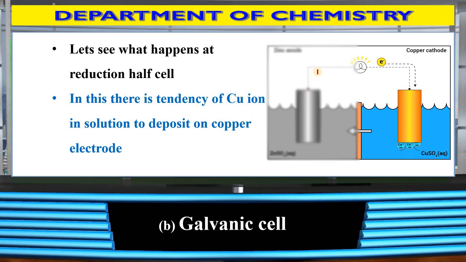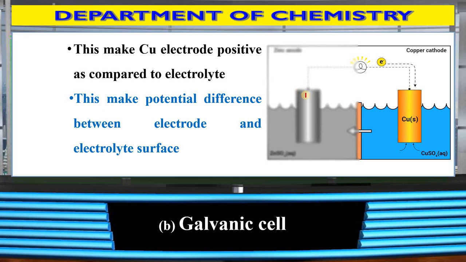By accepting the electrons from anode to cathode, that electrode carries negative charge, and due to that negative charge, Cu2+ ions go towards the metallic rod, and this makes the copper electrode positive as compared to the electrolytic solution, because Cu2+ ions move towards the cathode and the remaining part of the solution is SO4 2- ions. Therefore, the electrolytic solution carries negative charge and the electrode carries positive charge, and this creates the potential difference between that electrode and electrolytic solution.